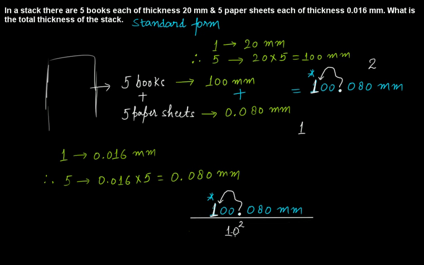But since you are dividing this number by 10 raised to the power of 2, you'll have to multiply also this number by 10 raised to the power of 2, right?